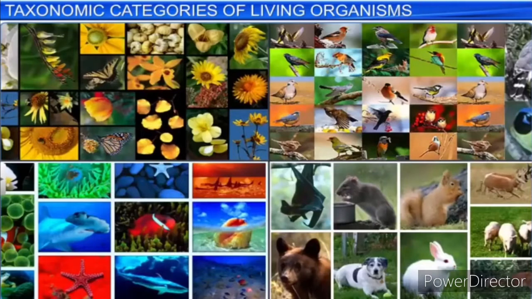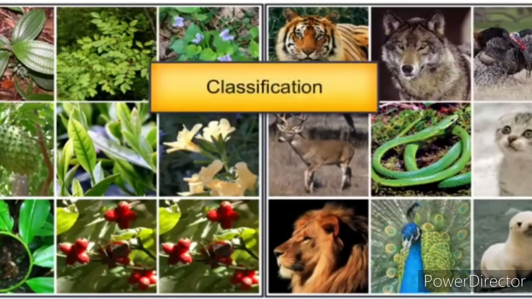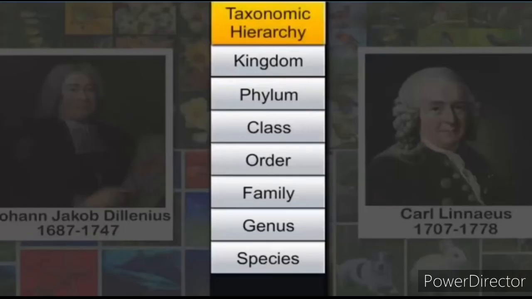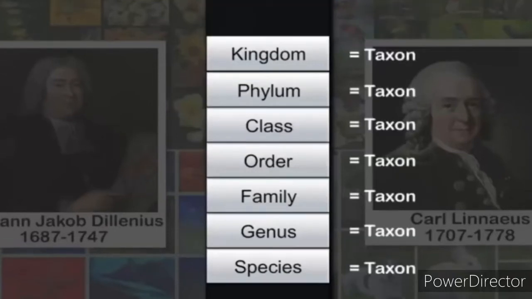Today's class we are going to discuss the taxonomic categories. What are the categories? How do we identify these organisms? Classification is not a single step process but involves a hierarchy of steps, in which each step represents a rank or category.